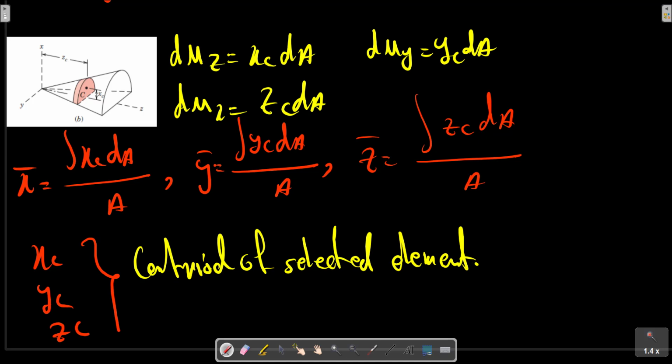With this example in mind, we rewrite the equation as this expression. It is essential to recognize that the subscript c serves as a reminder that the moment arms appearing in the numerator of the integral expression are always the coordinates of the centroid of the particular element.